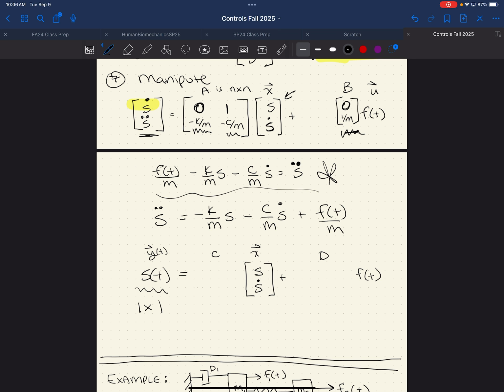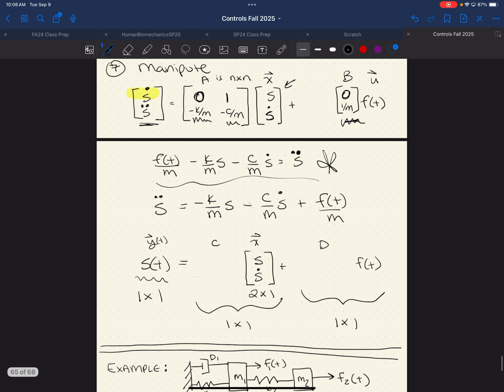Okay, so that means each of the terms on the right-hand side needs to result in a 1 by 1. This one is 2 rows by 1. If I want the outer components to be 1 by 1, that means this has to have 1 row. The inner components have to agree, so this needs to be a 1 by 2: 1 row, 2 columns.